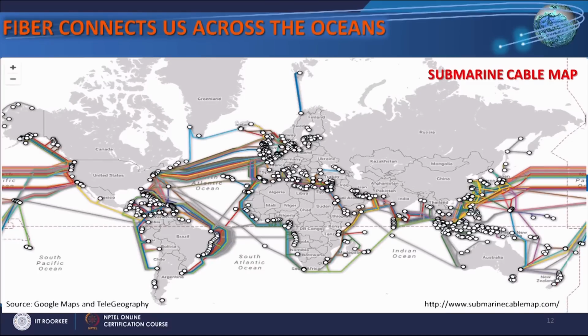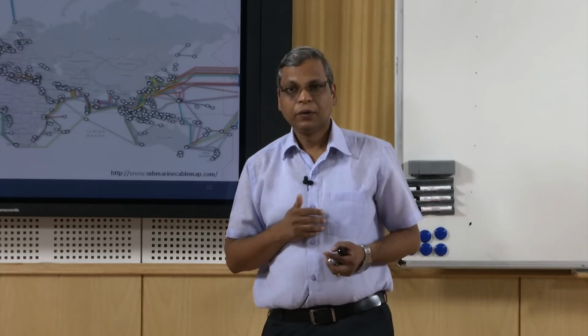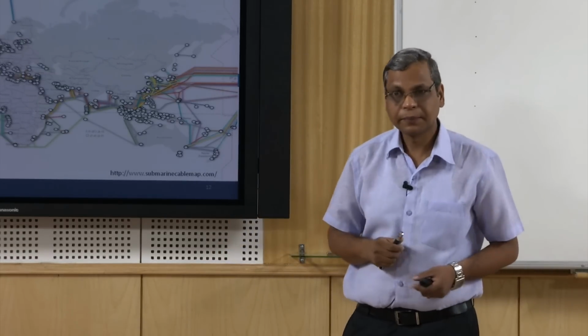This is a submarine cable map. It shows that millions of kilometers of optical fiber is lying on the seabed, connecting the whole world. Here you are in India, and then you can go to Europe and to the US. So it is this fiber which takes your data from Mumbai to New York. It is this fiber which downloads data from Europe to your computer in Roorkee.